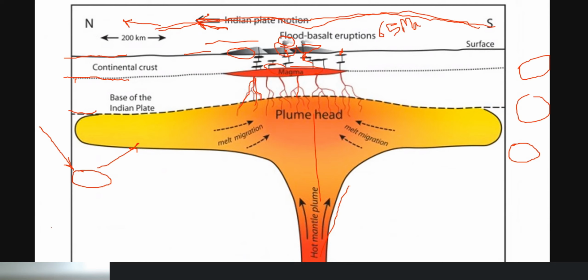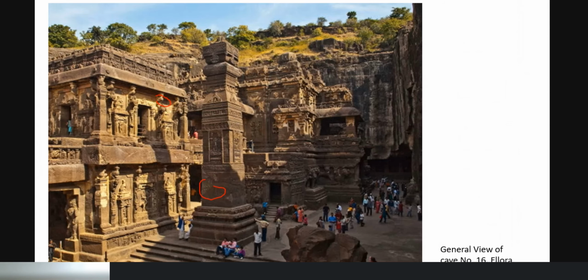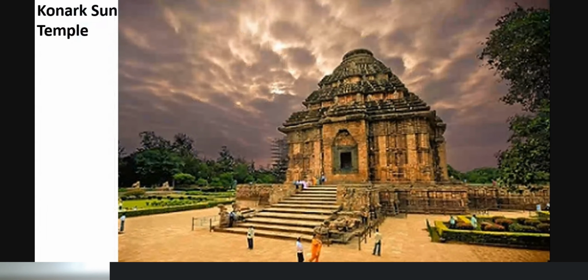The light from the sun did not reach the surface. So this was the event through which our Deccan basalt was formed, and in which our Ajanta and Ellora caves have been carved.